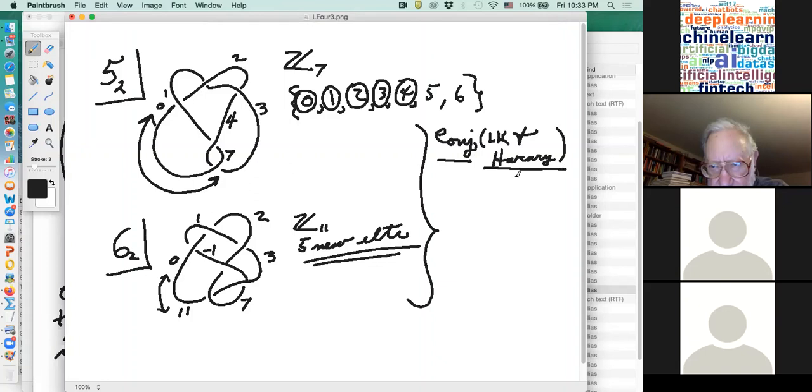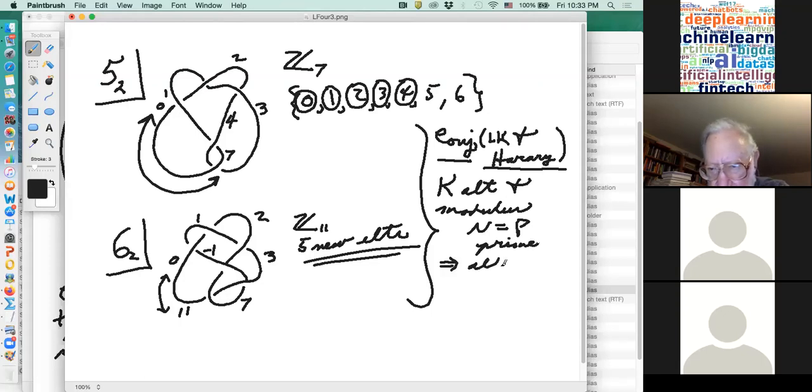Our conjecture was that if you have K alternating and the modulus n equals p, a prime number, then all the colors on a minimal alternating diagram of K are distinct.